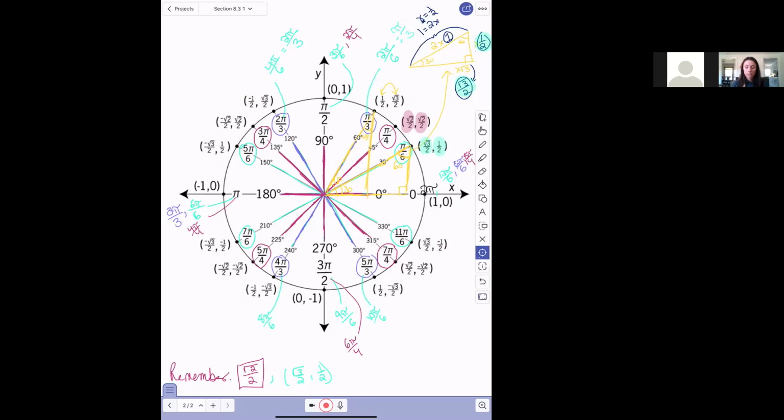I'm going to take it a step further. And I'm going to give you, and if you haven't been writing things down, that's fine, this you need to write down. The fact that we say X is equal to cosine of theta and Y is equal to sine of theta.